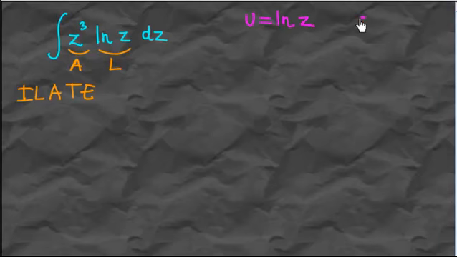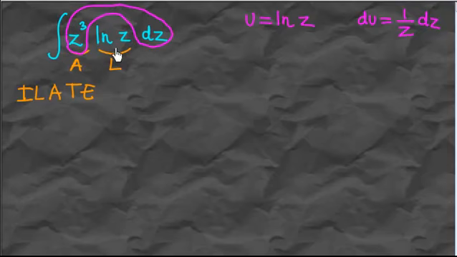Then we have du equals 1 over z dz. We selected natural log z as our u, and the rest will become our dv. dv is z cubed dz.